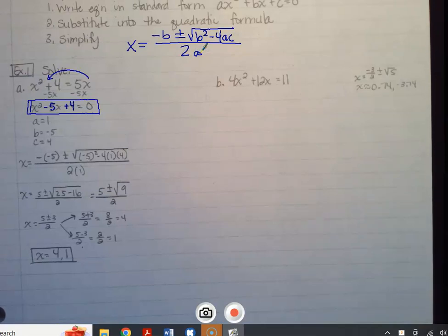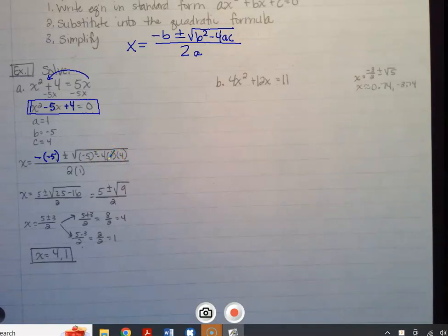Okay, so that's exactly what I've done next. So I have negative, and my b is negative 5, plus or minus the square root of negative 5, that's my b, squared minus 4 times 1 times 4. And we solve it all out.